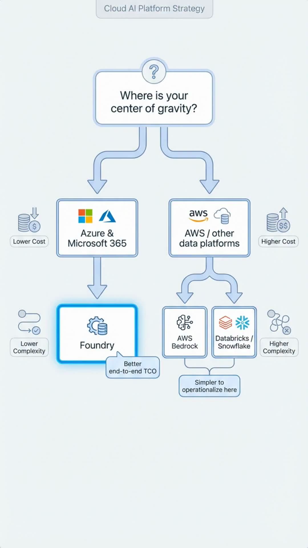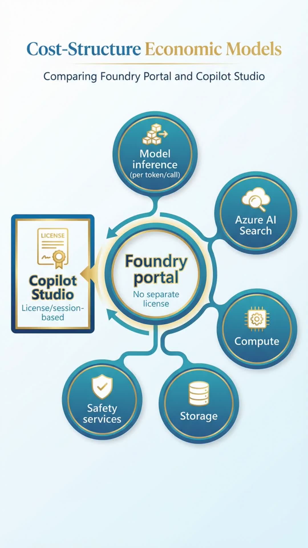Compared to Databricks or Snowflake, Foundry is not a replacement for their core data platforms. It's the AI app and agent layer. If your center of gravity is Azure and Microsoft 365, Foundry often delivers better end-to-end TCO. If you are deeply invested in AWS or non-Azure data platforms, Bedrock or native integrations with Databricks/Snowflake might be simpler to operationalize.